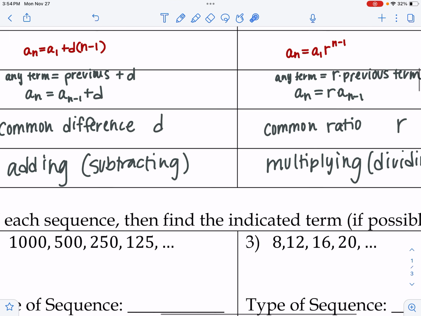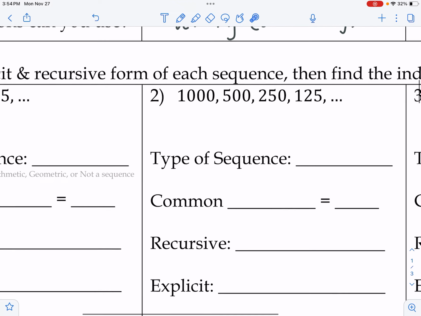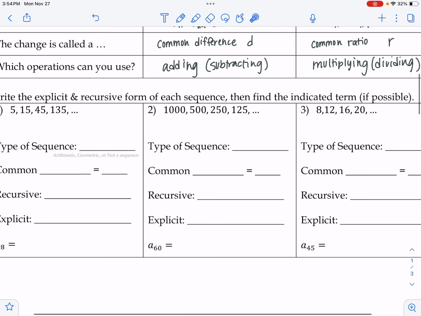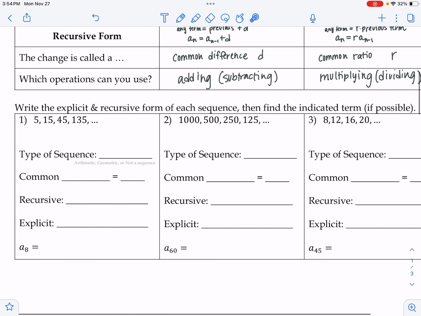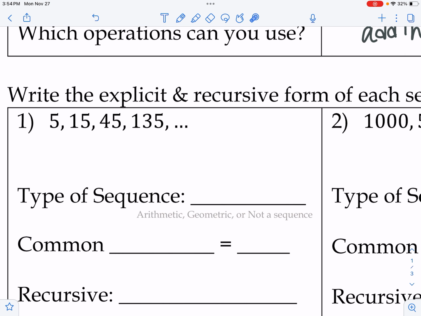Okay, so let's look at some applications. And so for these first examples, we just want to identify the pattern, the type of sequence. And so number 1, 5, 15, 45, 135. That's multiplying by 3 each time. And so we would consider this a geometric sequence since it's multiplying.